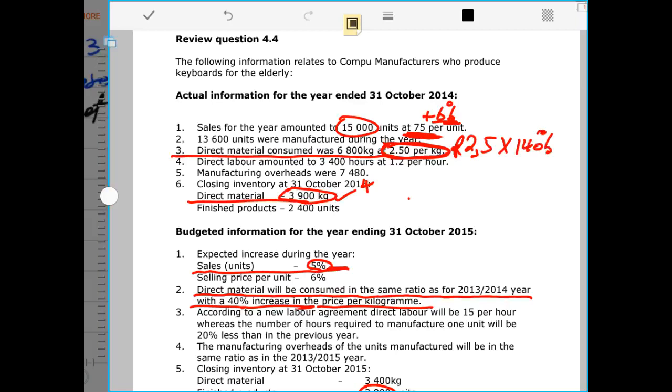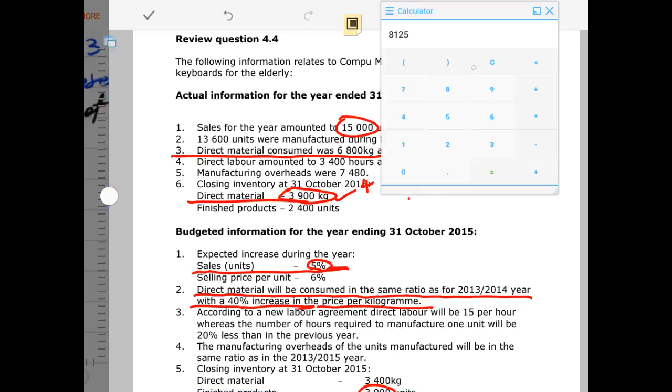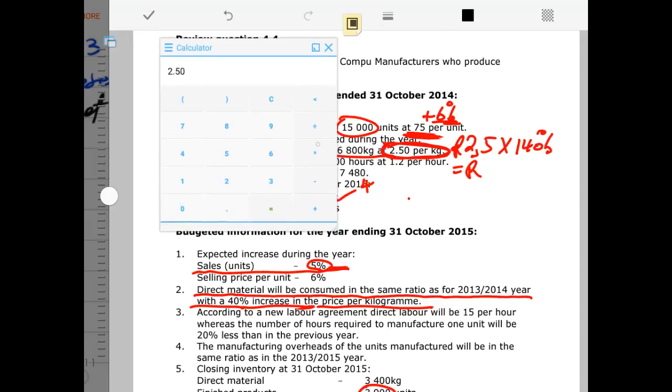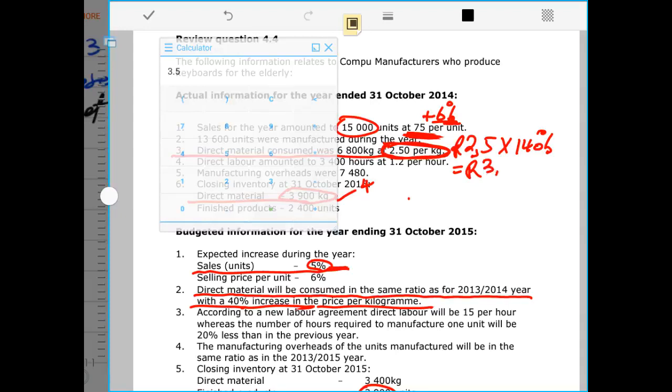That will give us the increased price of the material. So 2 rand 50 cents times 140 divided by 100 gives us 3 rand 50 cents per kg.